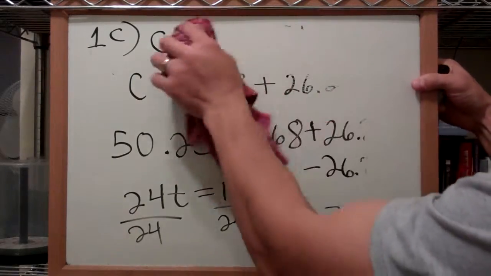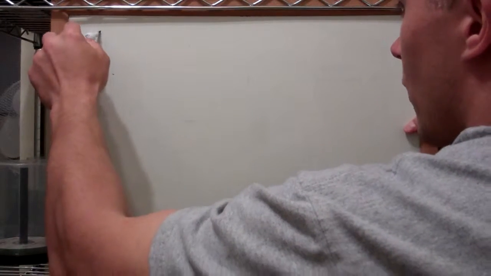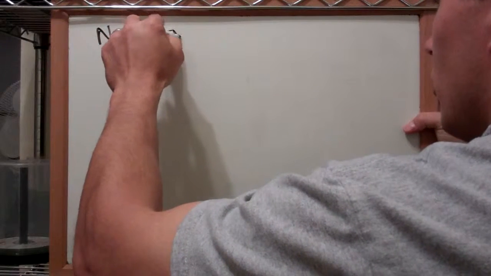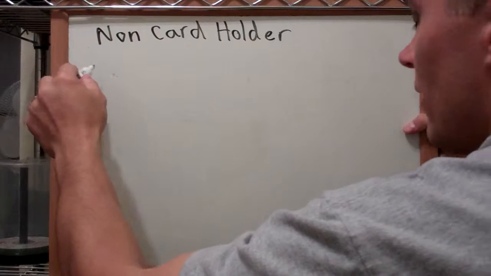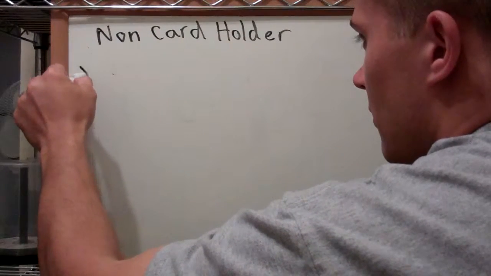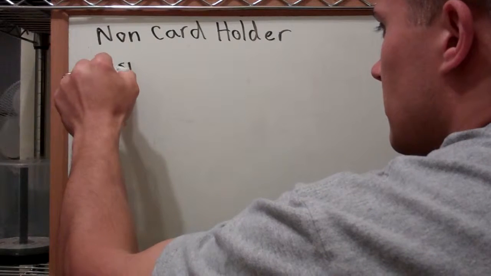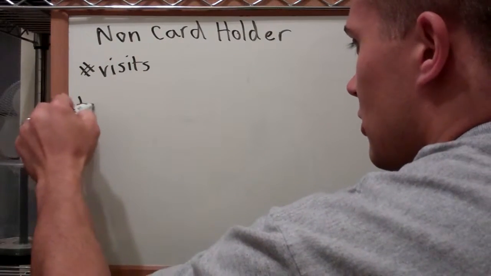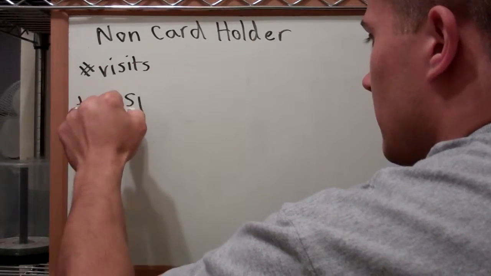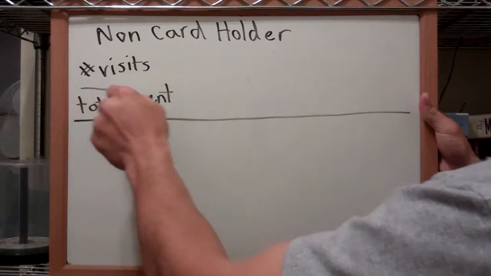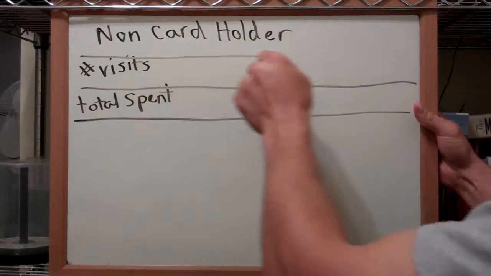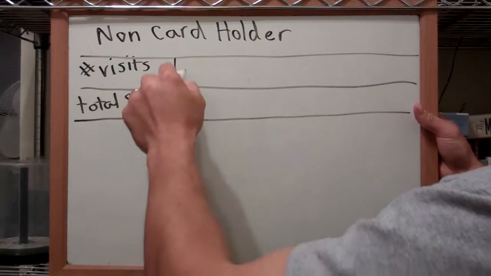So let's look at this in maybe a little different light. So if I made a chart for a non-card holder, and let's say this is the number of visits, and let's say this is total spent. Okay?